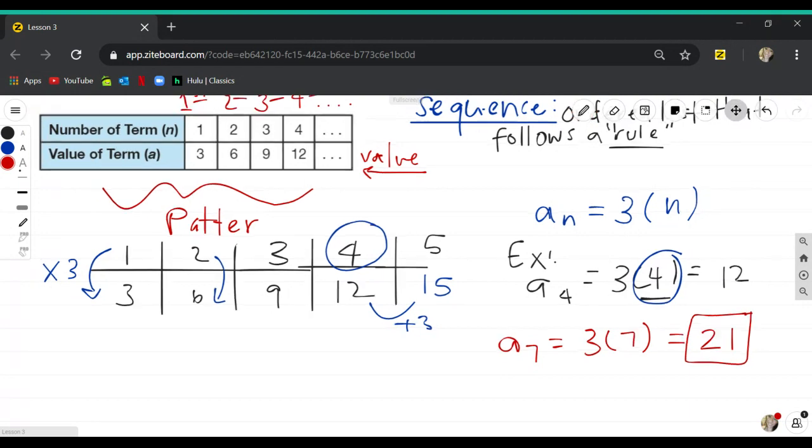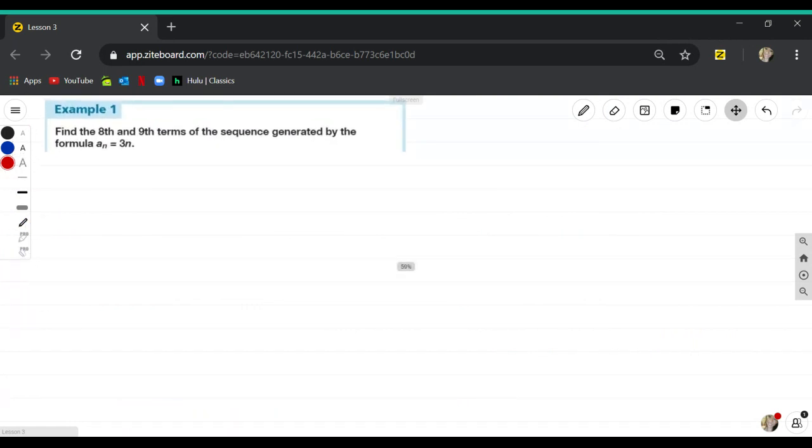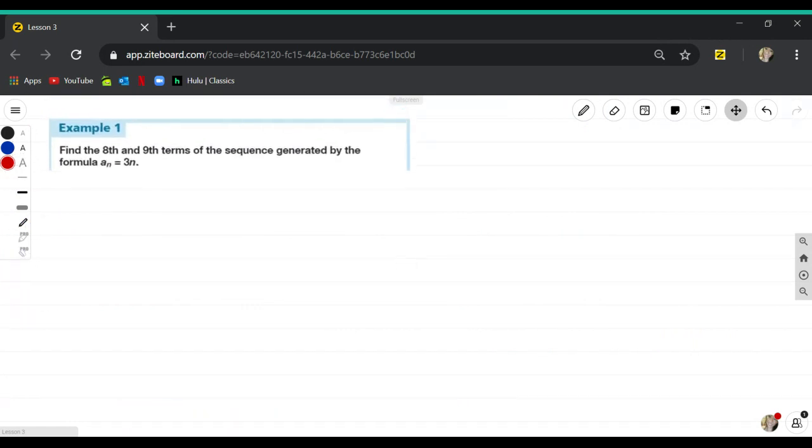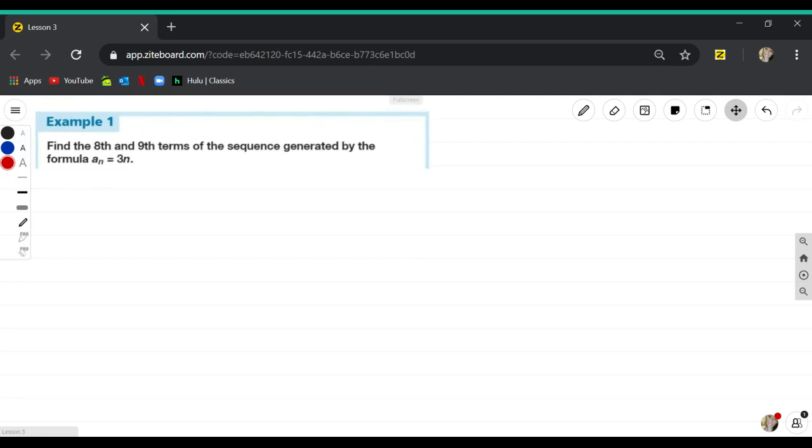Okay, so let's take a look at an example. This example states: find the 8th and 9th terms of the sequence generated by the formula a_n equals 3n. So this is the same one as we were working on before, right?